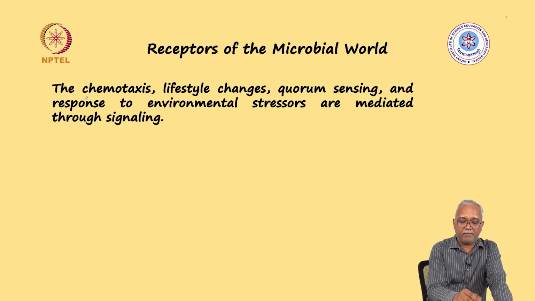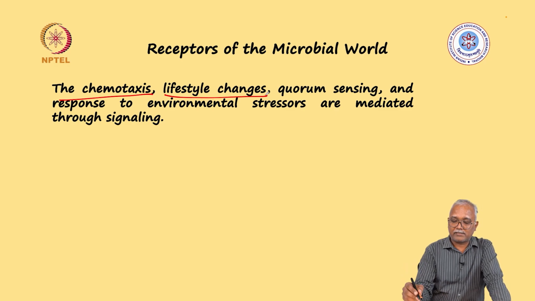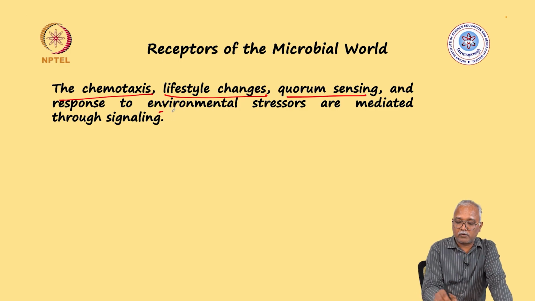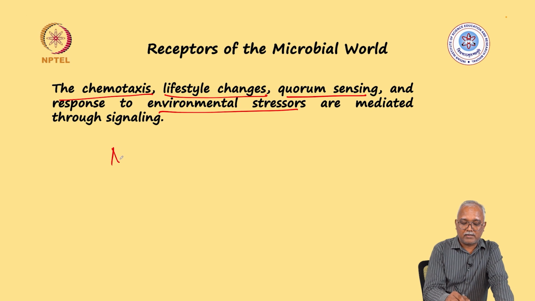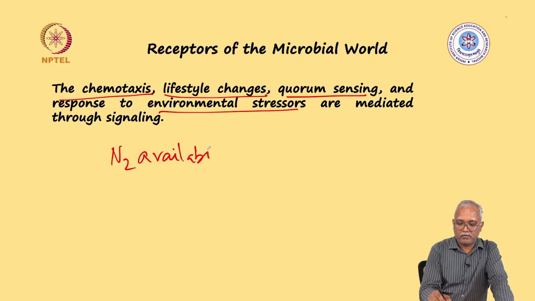Eventually, what they help this organism do: chemotaxis, lifestyle change, quorum sensing, which we have already discussed, or respond to environmental stress. Environmental stress, as I said, like nitrogen availability or nutrient availability.